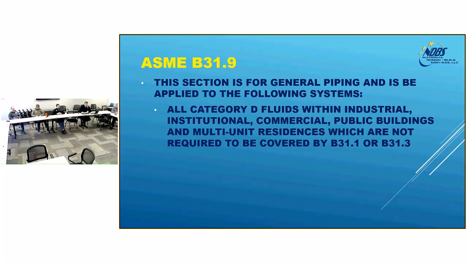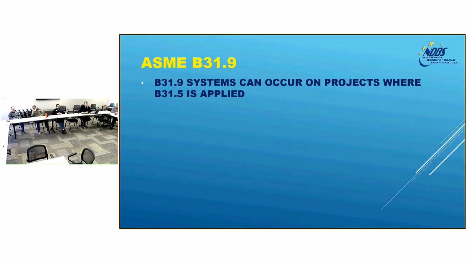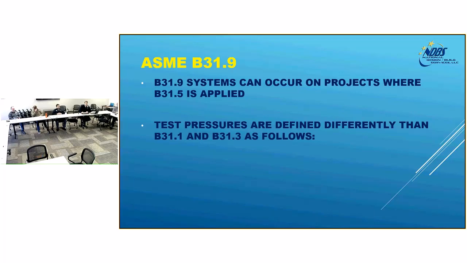And of course, if it's required to be covered by B31.1 or B31.3, we're still on the hook for those. So I'm just making the point that B31.9 can be applied to even projects that have B31.5 on them. The test procedures are totally different.